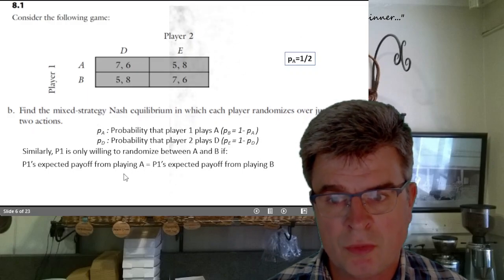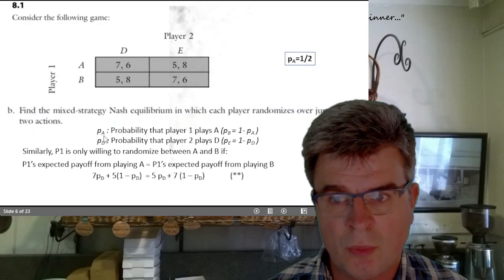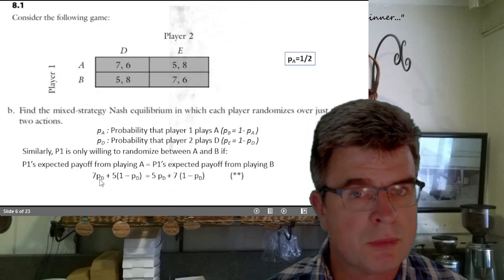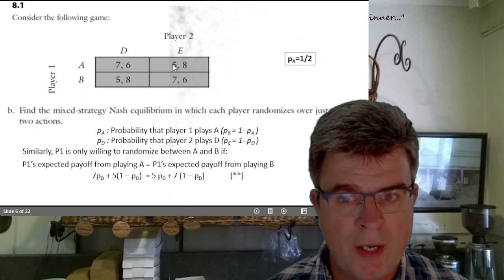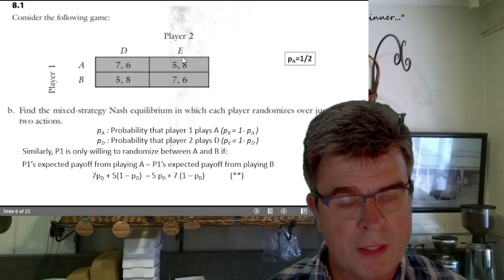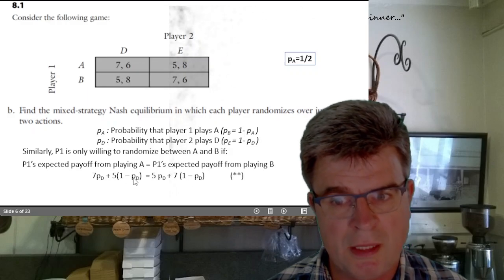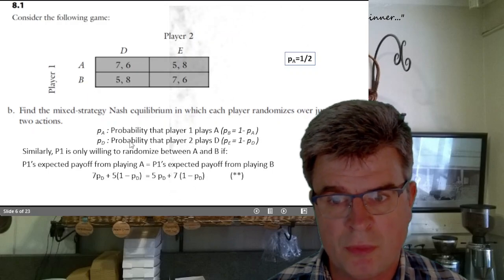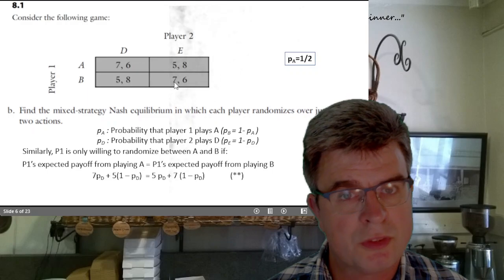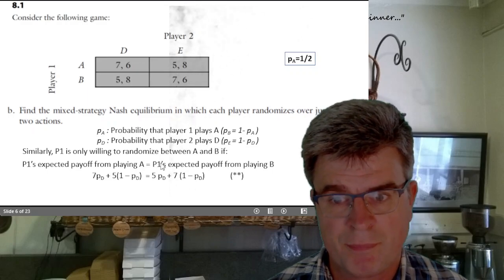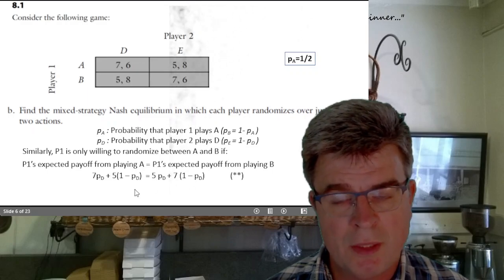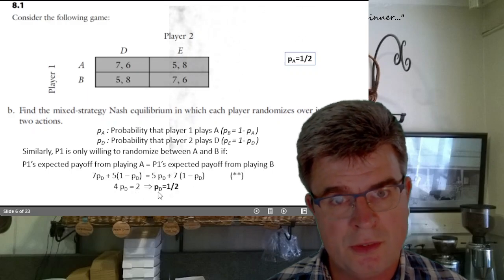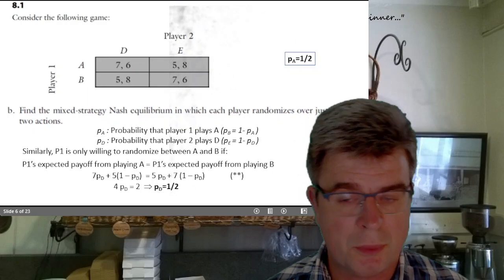The expected payoff from playing A is equal to 7 if player 2 plays D, which happens with probability PD, and 5 if player 2 plays action E, which happens with 1 minus PD. And if player 1 plays B, the expected payoff is equal to 5 PD plus 7 times 1 minus PD. We equate the two, and we can now solve for PD. Doing that, we get that PD is equal to 1/2 as well.